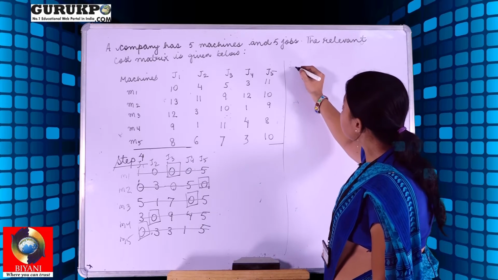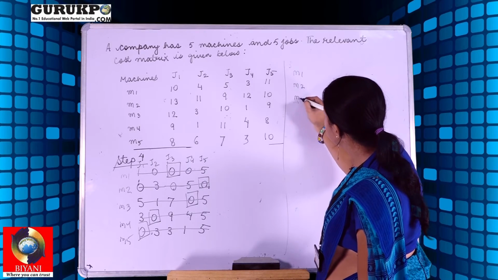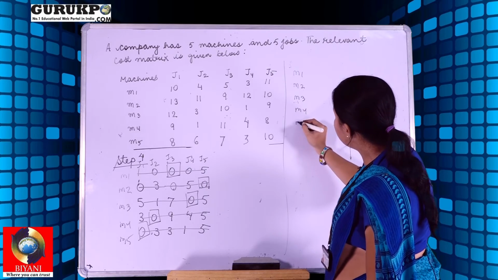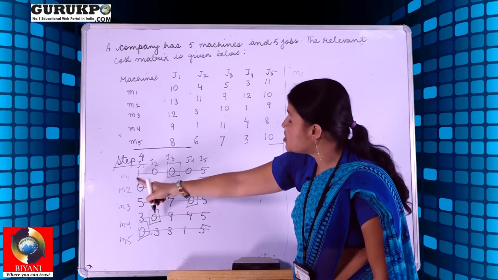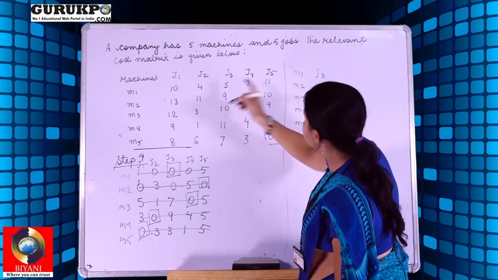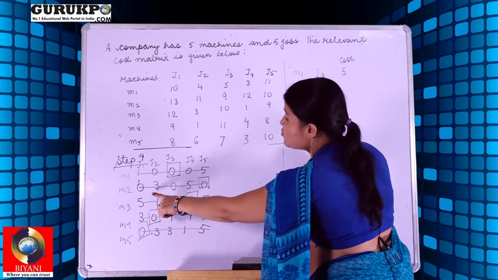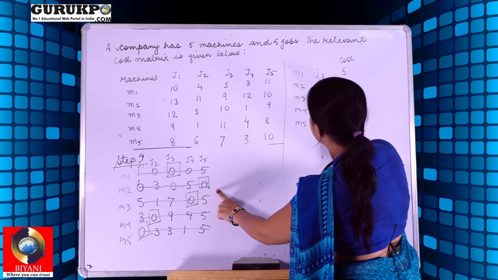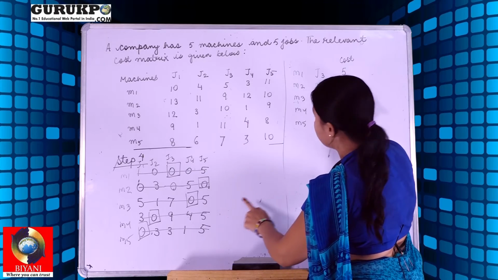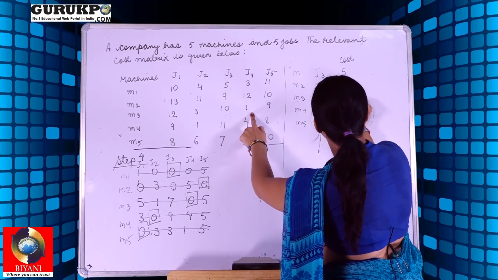Now to calculate the least cost, we are going to write down M1, M2, M3, M4 and M5. For the first machine, the job located is J3 and the value of J3 is 5. For M2 it's J5 and the value is 10. For M3 it's J4 and the value is 1.